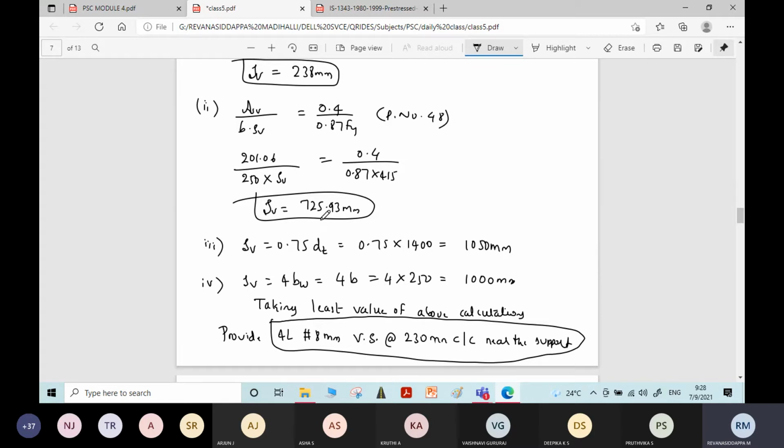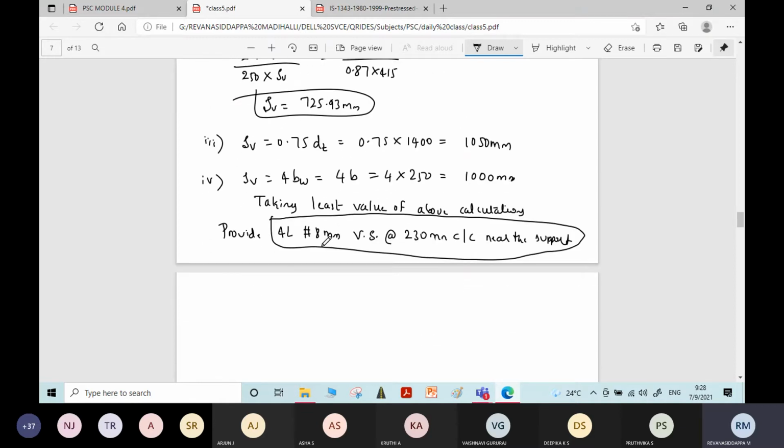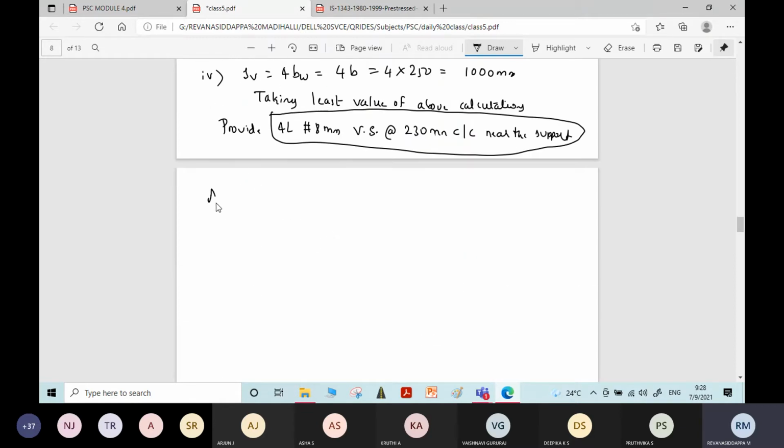Second least value is 725, that you can give as spacing, and provide 4-legged 8 mm vertical stirrups at 700 mm center to center at midspan. At midspan the shear force will be less, therefore we can increase the spacing. At support, we have to give the nearest spacings.